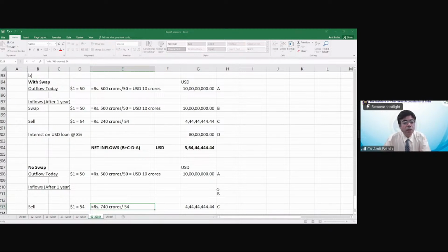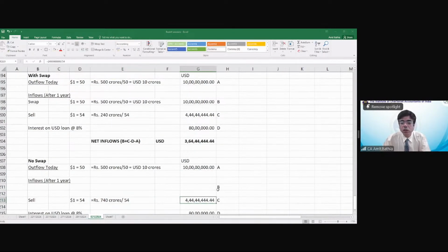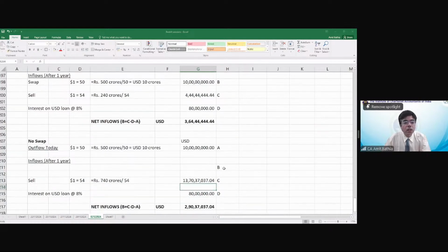Entire 740 will have to be sold by you. So I get 13 crores, 70 lakhs as the inflow.